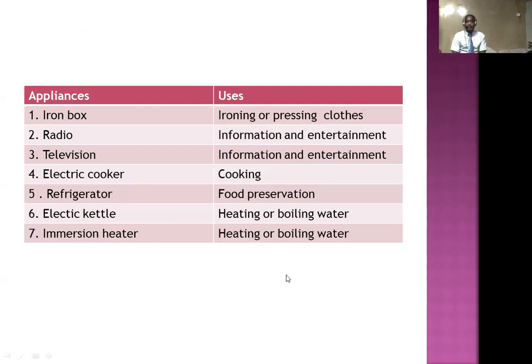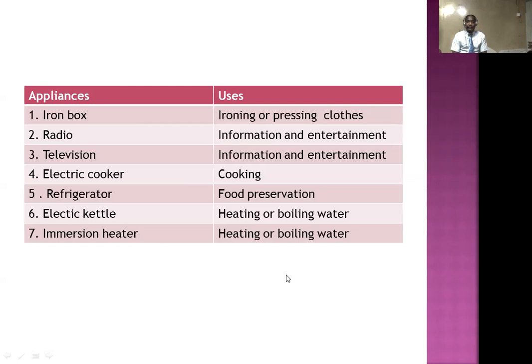Three, we have television. Television, pupils, gives us information and entertainment. The difference between a radio and the television is that in television you are able to see the pictures as well as hear the sound, whereas in radios you hear only the sound.